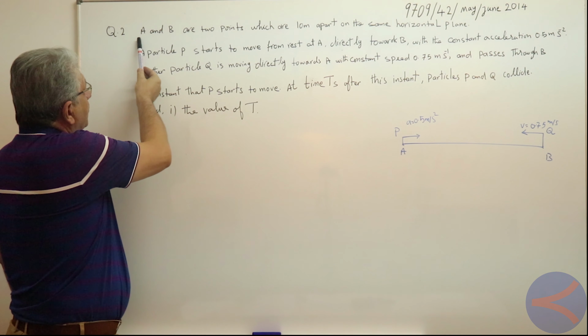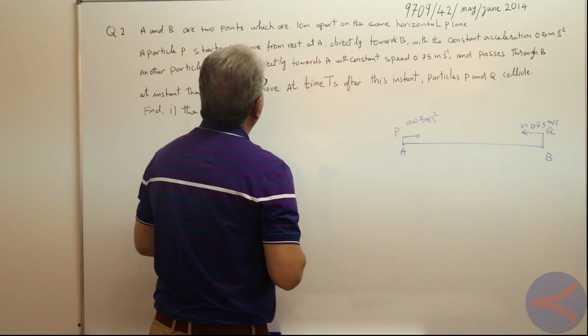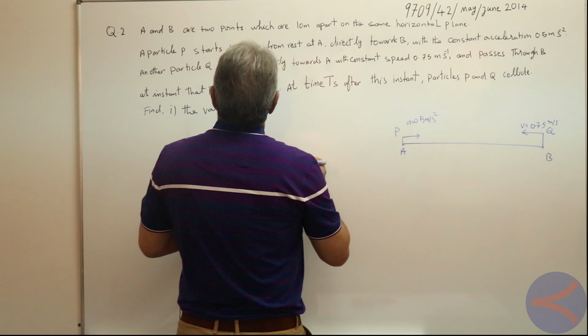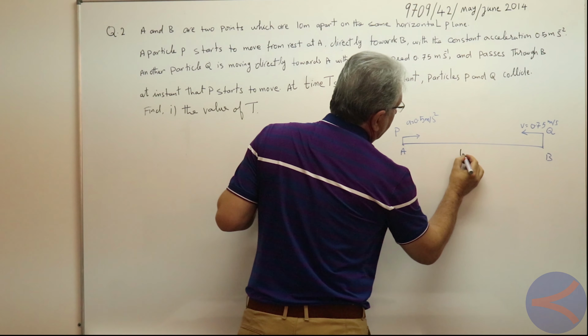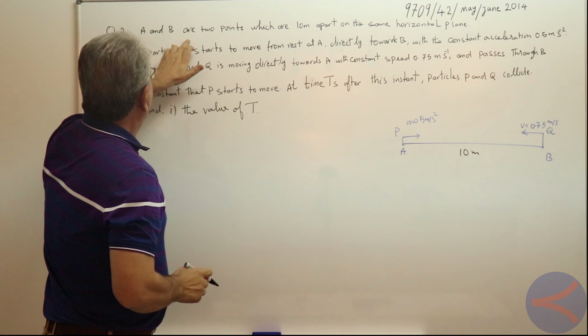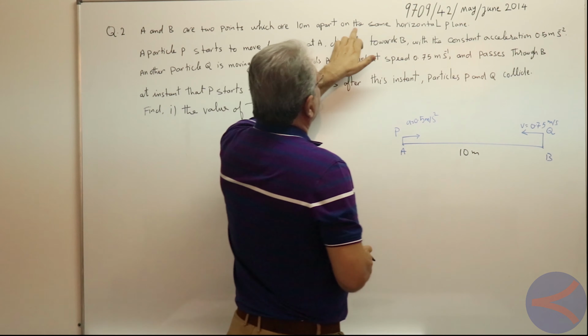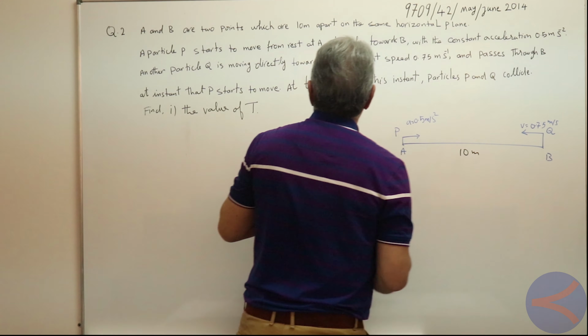It says there are points A and B which are 10 meters apart. Read the question. A and B are two points which are 10 meters apart and on the same horizontal plane. The form is like this.